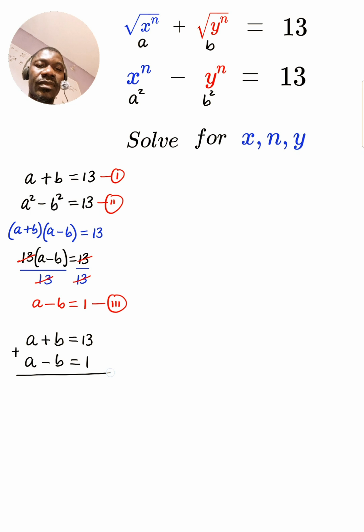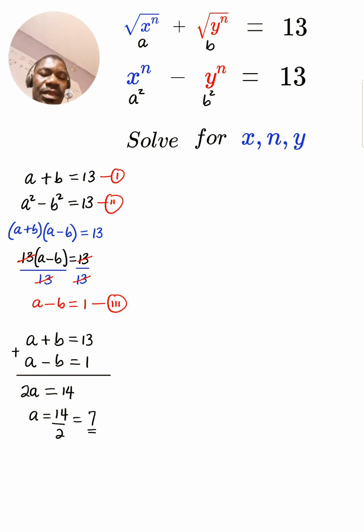By adding the two equations, a plus a will give us 2a, and plus b and minus b will give us 0. Then 13 plus 1 will give us 14. So when we divide both sides by the coefficient of a, a becomes 14 over 2, which gives us 7. So a here is 7.